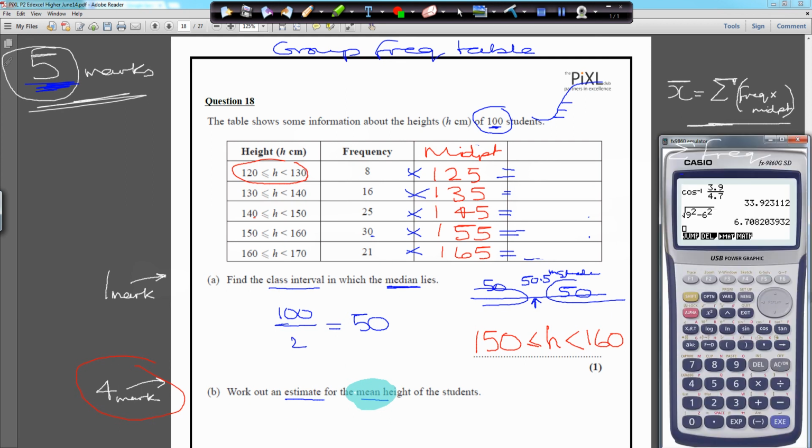So we have 8 multiplied by 125. Sorry, I've got to keep an eye on the mistakes. It gives you 1000.